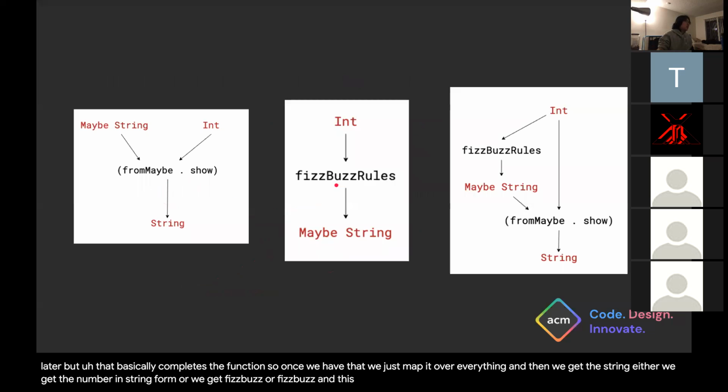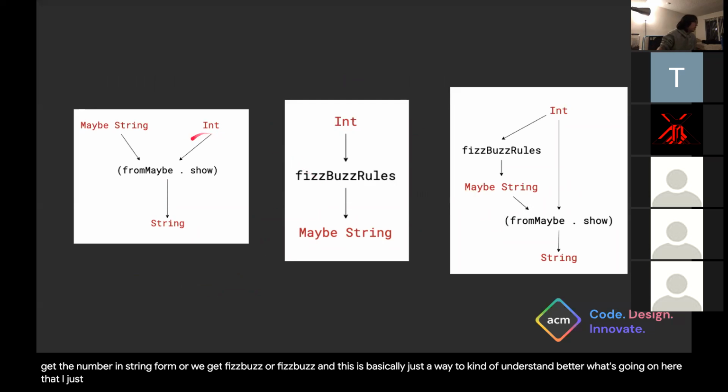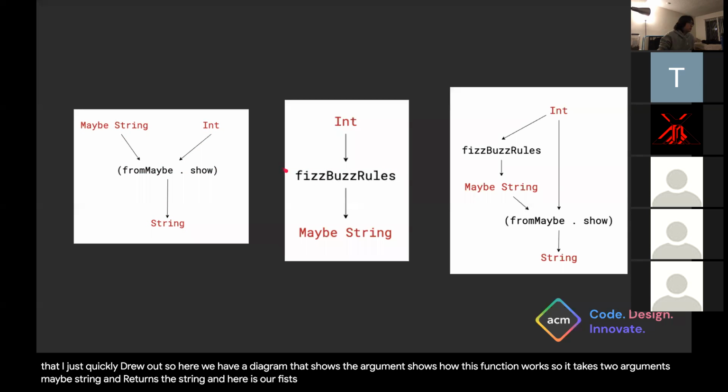And this is basically just a way to understand better what's going on here that I just quickly drew out. So here we have a diagram that shows how this function works. It takes 2 arguments, a maybe string and int, and returns a string. And here is our Fizzbuzz rules.